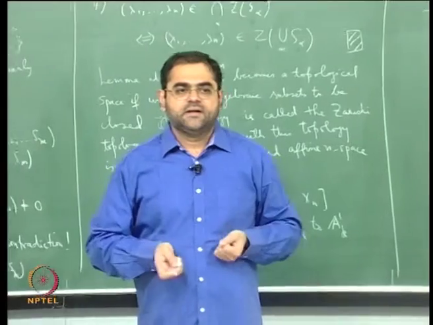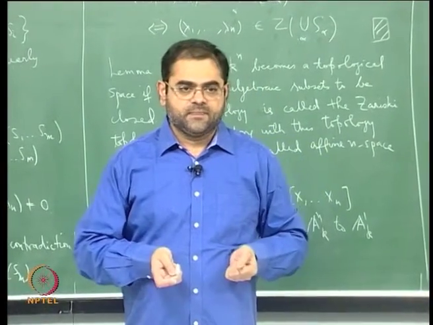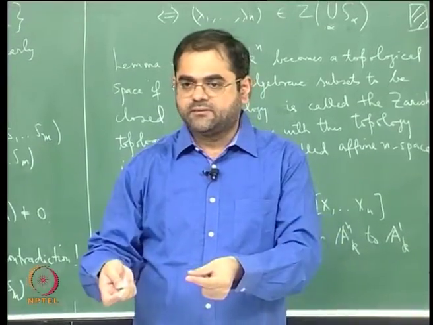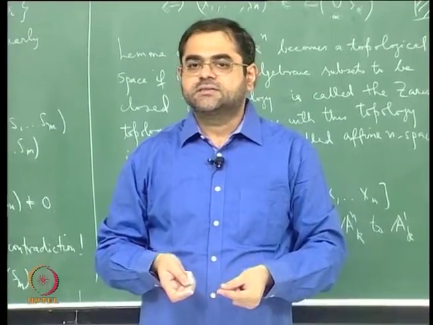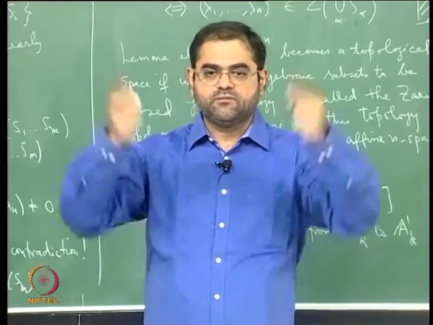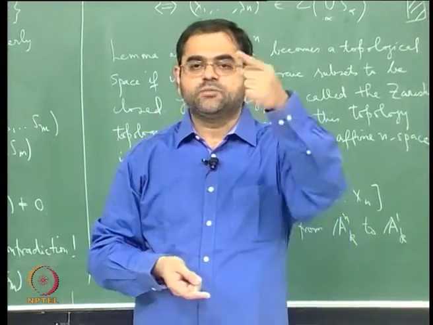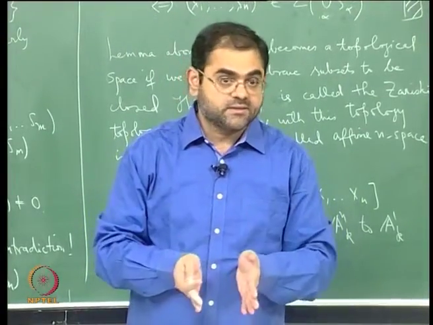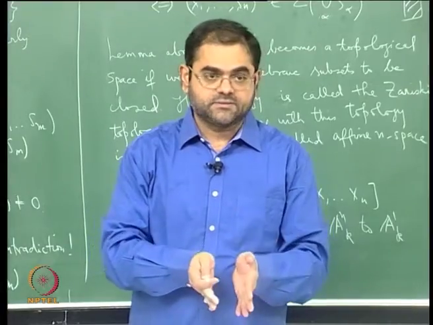There is always a philosophy for this. Whenever you have an object of a certain type and you have a subset and you want a subobject, what you do is you take the so-called subobject generated by the subset. If you have a group, a subset of a group is not so interesting, but you can always take the subgroup generated by the subset, which is the smallest subgroup which contains that subset.